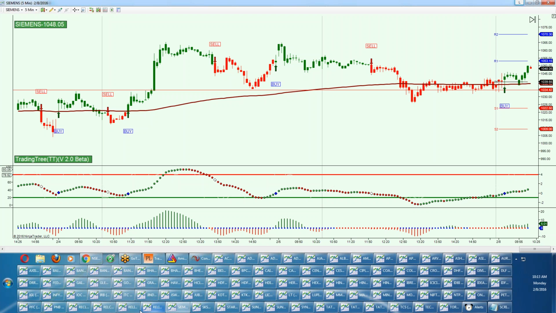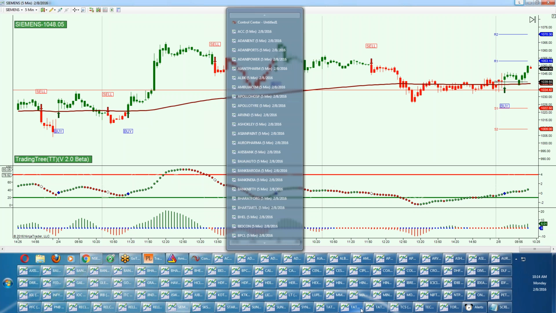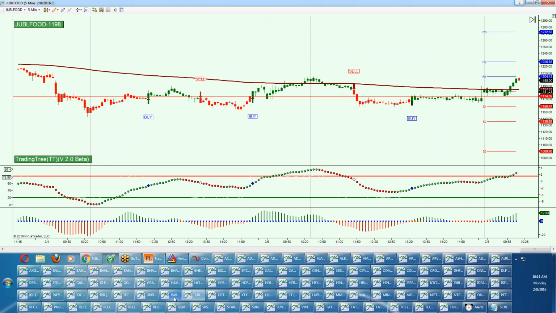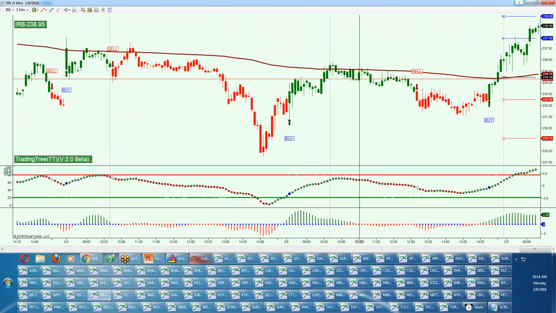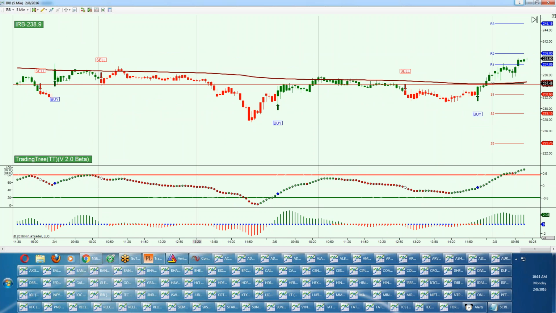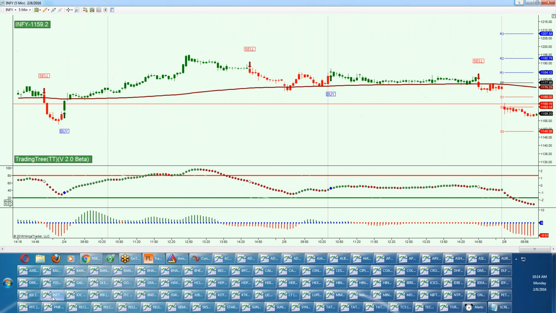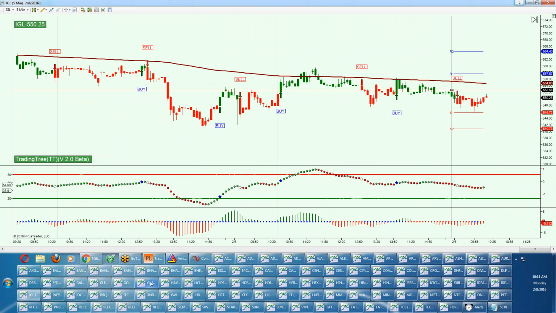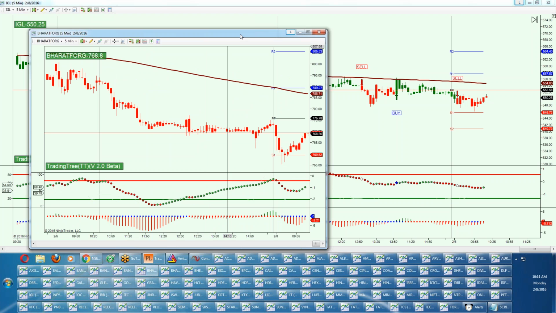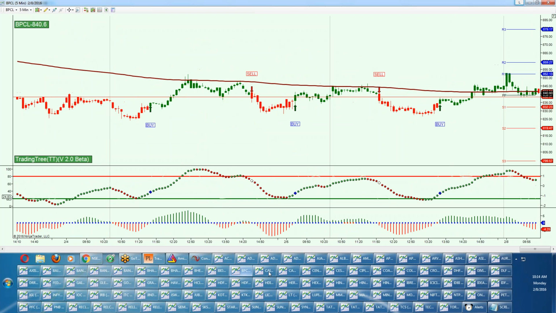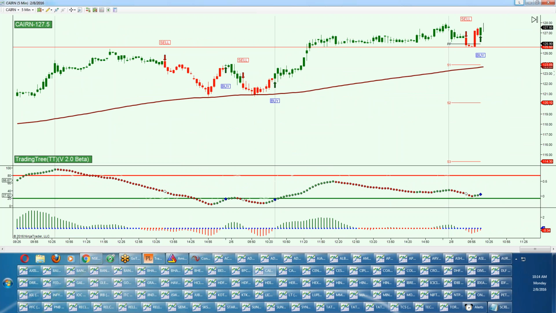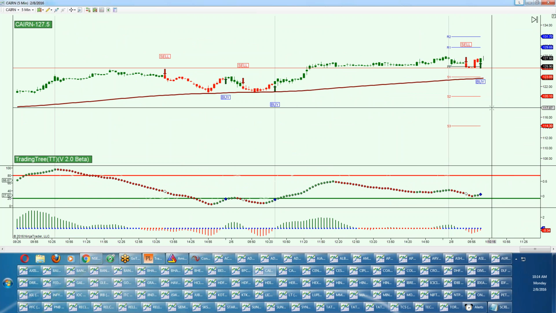Simmons, the buy has triggered. So IRB is up. And your target will be 129.60. That will be your first target.